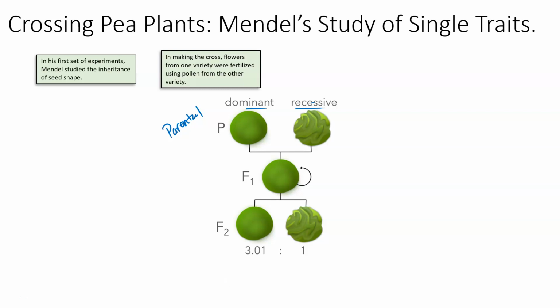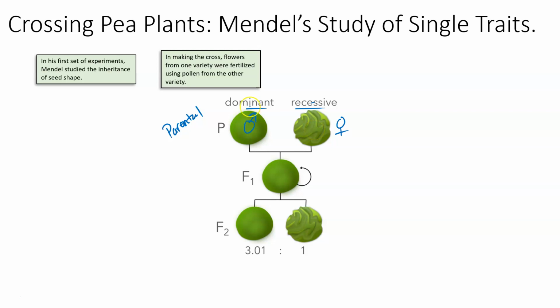In making the cross, flowers from one variety were fertilized using pollen from the other variety. So let's just assume that this is the pollen. He took the pollen from a dominant round seed plant, and he crossed it with the female ovule from a recessive plant, a plant that exhibits the constricted or the wrinkled pea shape.